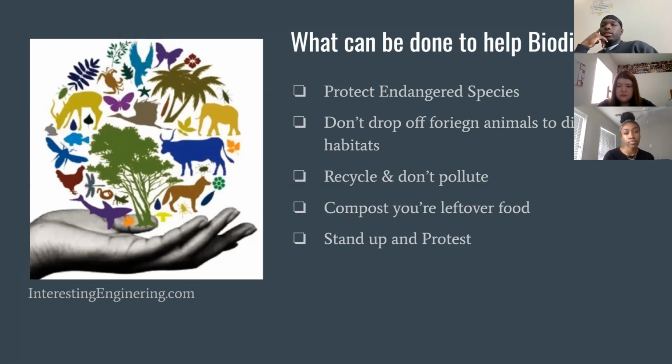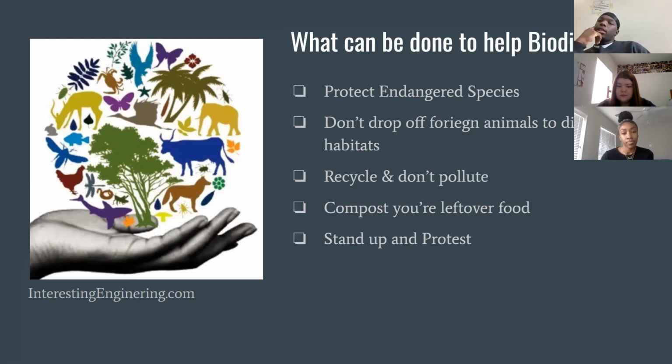To add on to our slides, another thing that we can do to help protect biodiversity and habitats is to protect endangered species by not introducing invasive species to them, and by not dropping off foreign animals to different habitats, because we've learned all throughout this PowerPoint that invasive species can destroy a habitat.